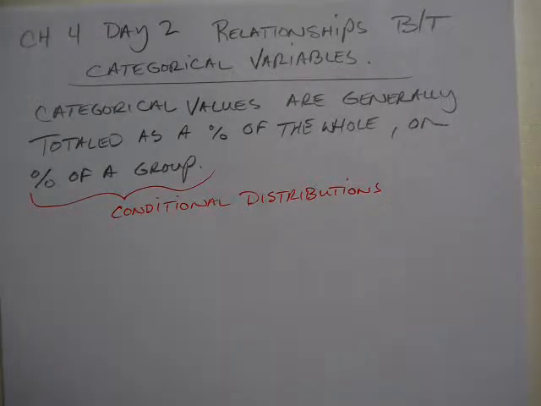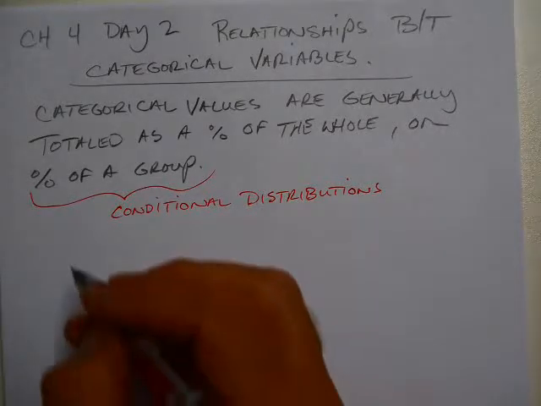And I'm convinced the very best way to go about showing you this is to do one of the problems from today's assignment. So let's look at problem 4.25. It's on page 298.